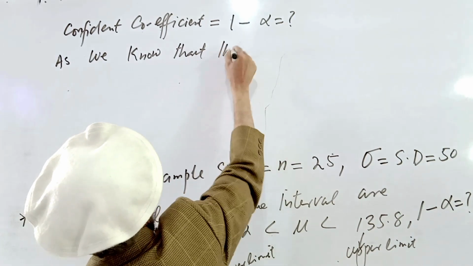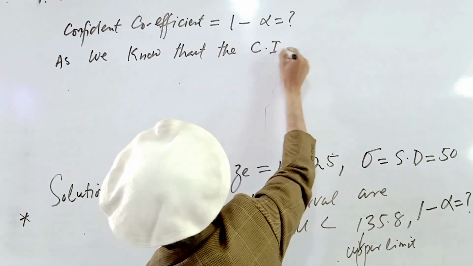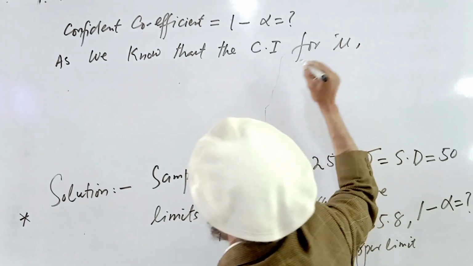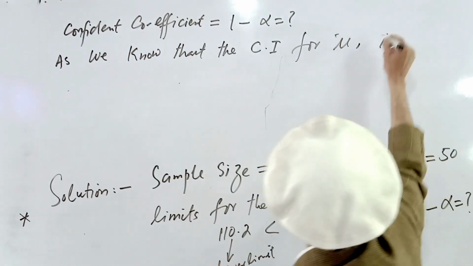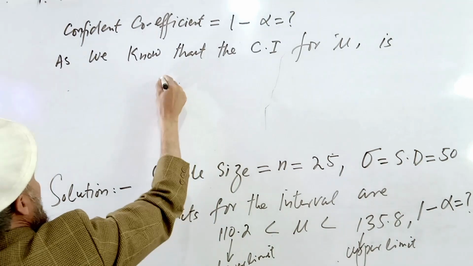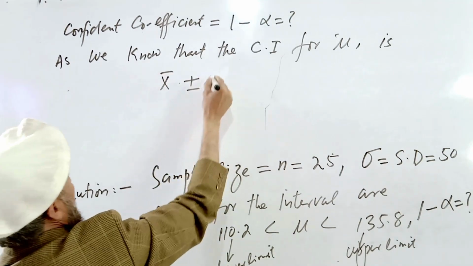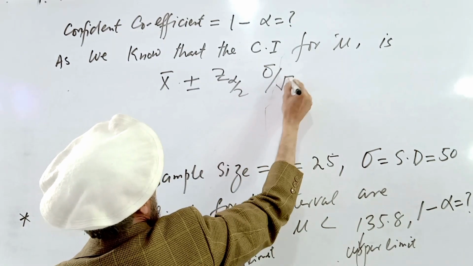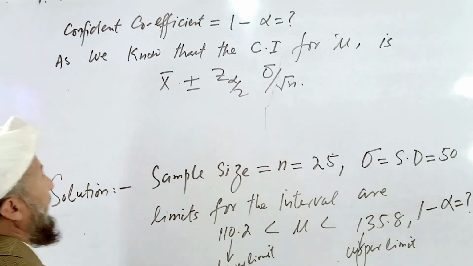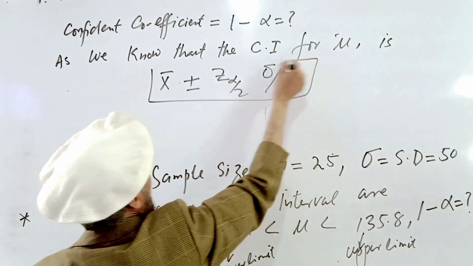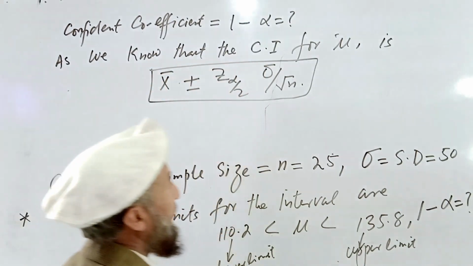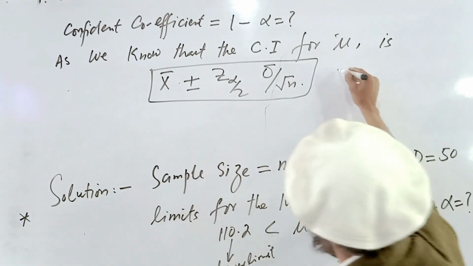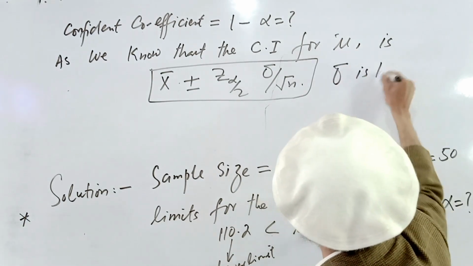the confidence interval for the population mean is x bar plus minus z alpha by 2 sigma divided by root n. That is the confidence interval for the population mean when sigma is known. Sigma is known.